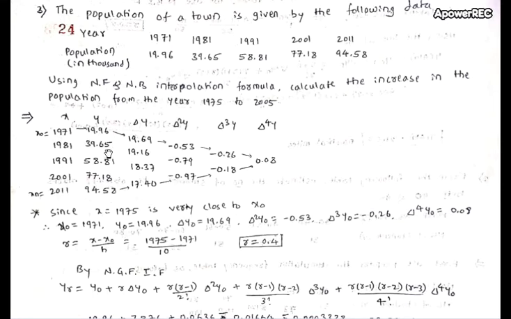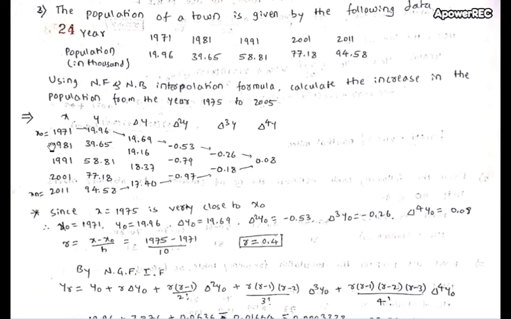So subtract the second term minus the first term, which is triangle y, then the third term minus the second term, 19.16, and so on. We continue the same process till the end column containing only a single value, 0.08. Here x is equal to 1975, so it is close to the x naught value.